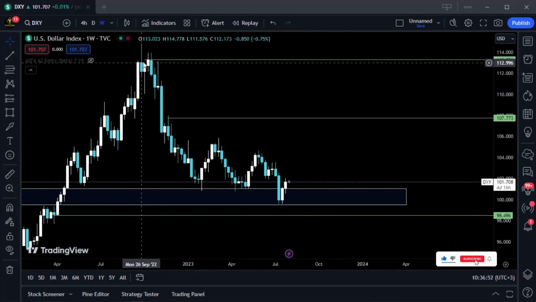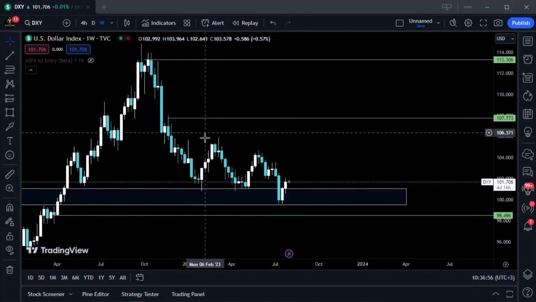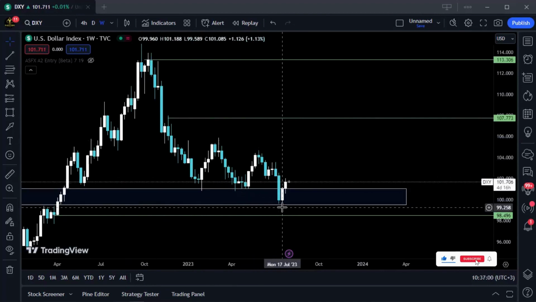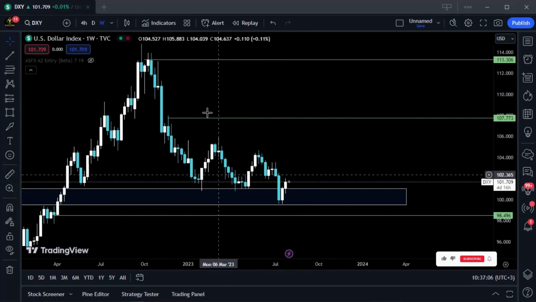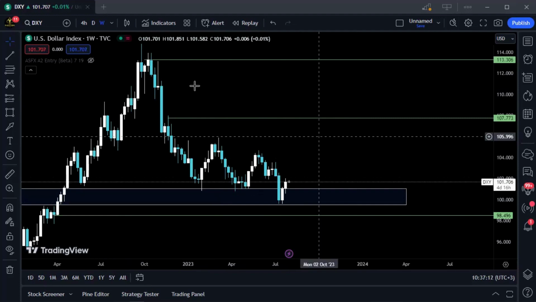We had these highs, prices created a low, then a lower high, same low, lower high, and then here prices created a lower low. So prices are in a downtrend on this weekly perspective, although from the monthly perspective we understand that prices have a very high possibility of pushing higher.